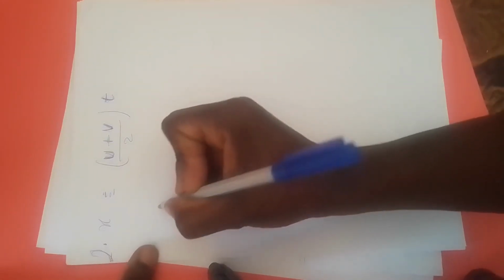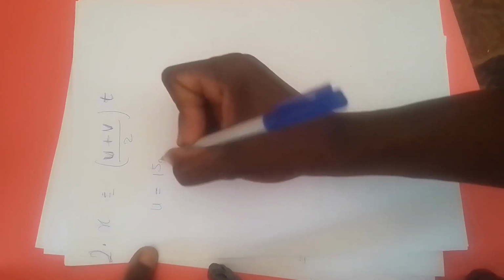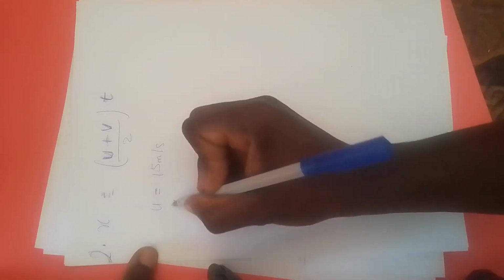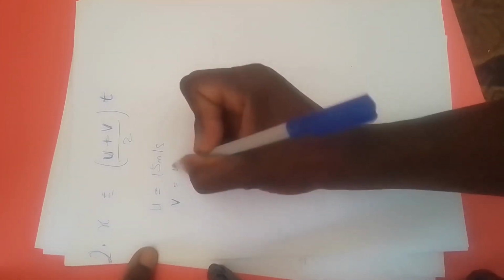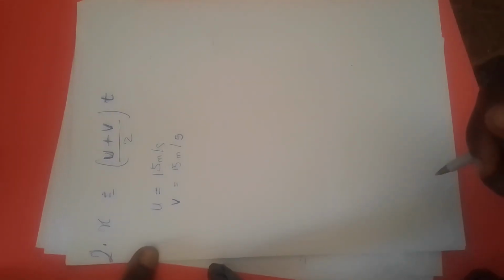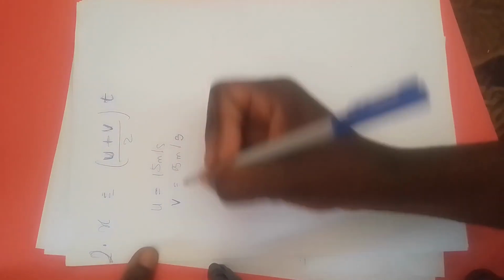So u is going to be 15 meters per second, right? Then v, the final velocity, is going to be 15 meters per second. This body traveled with a constant velocity of 15 meters per second for 10 seconds, right?